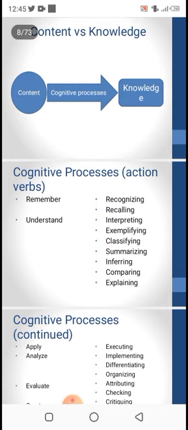Cognitive process or action verbs. We have remember, understand: recognizing, recalling, interpreting, exemplifying, classifying, summarizing, inferring, comparing, and explaining.